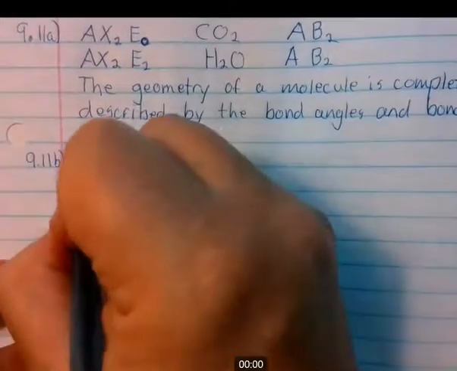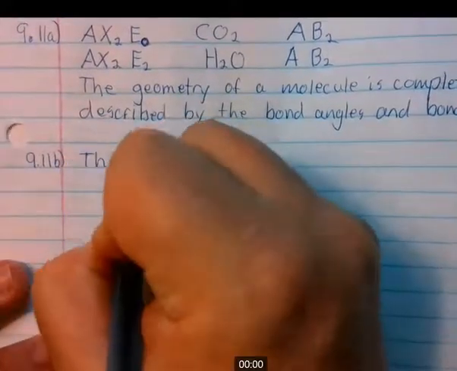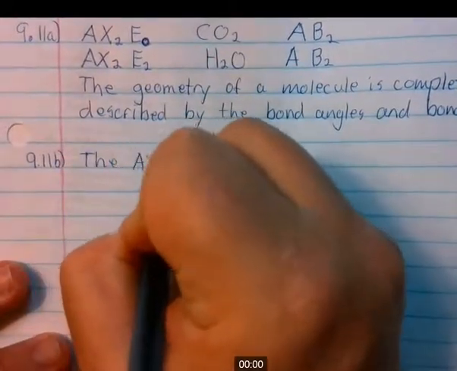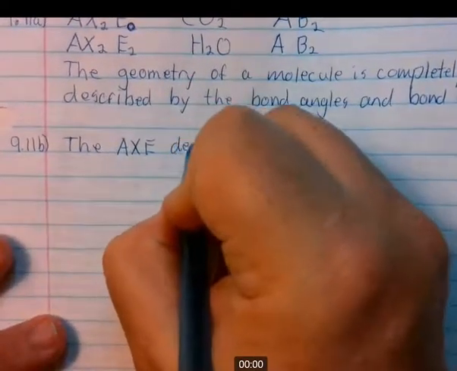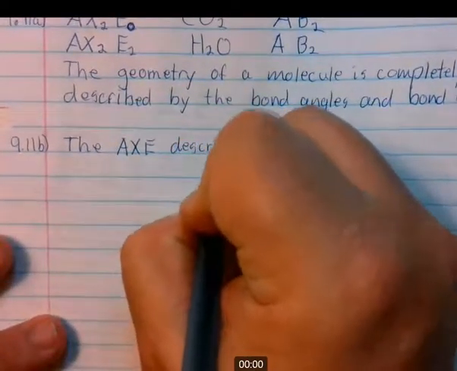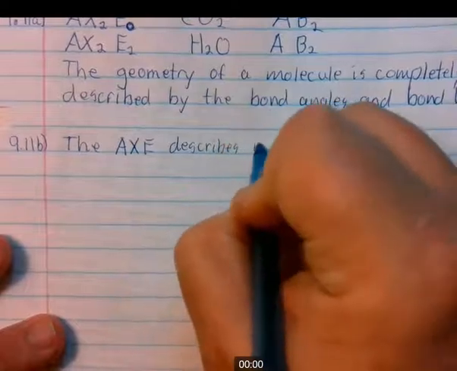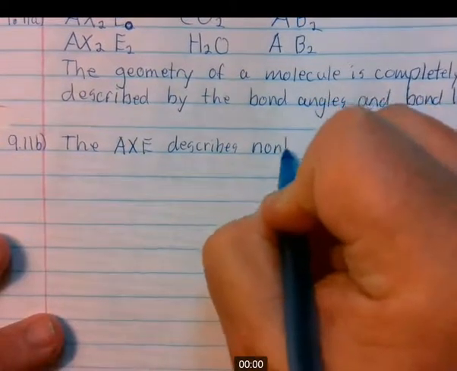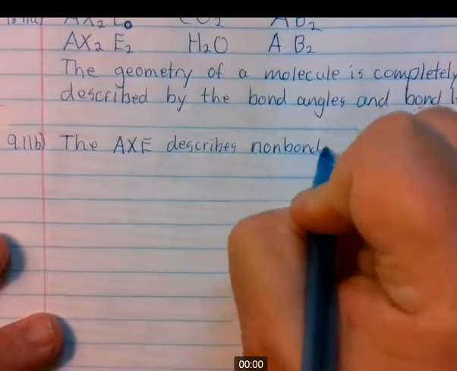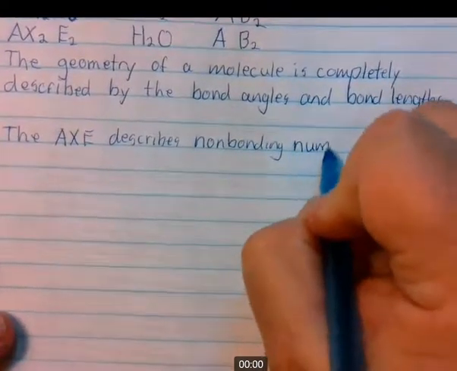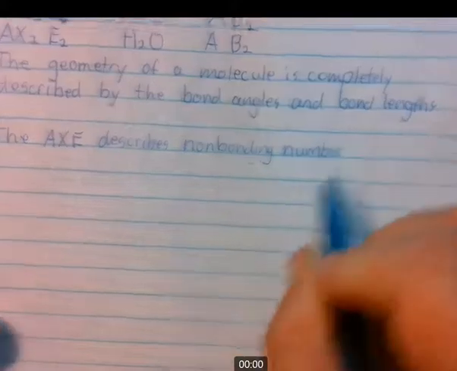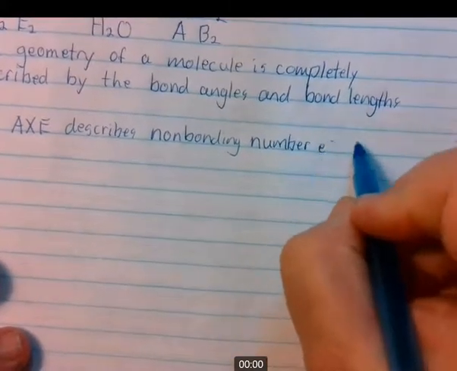What I just said. So the AX notation describes the number of non-bonding electrons.